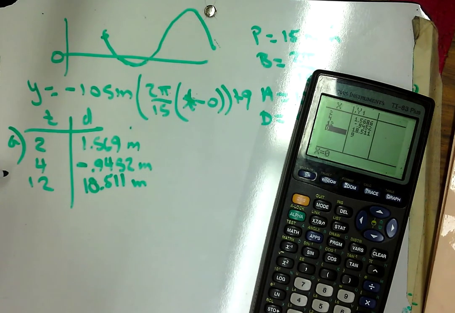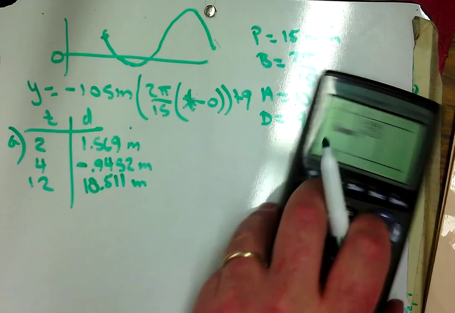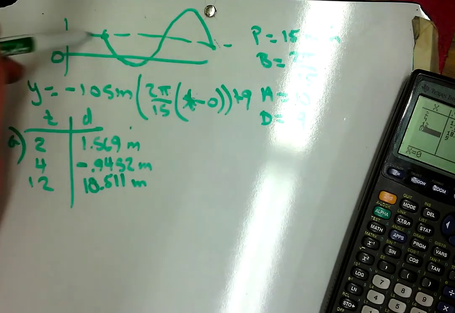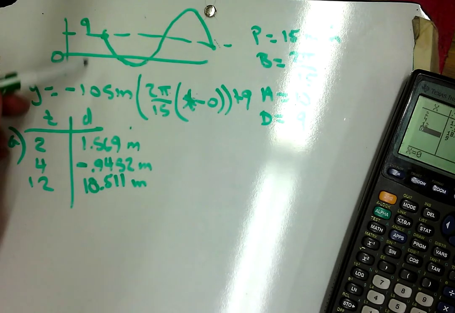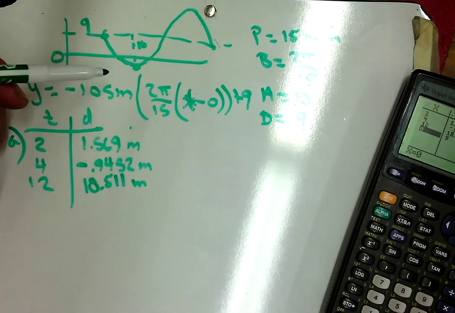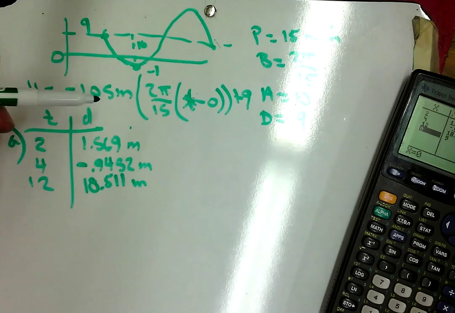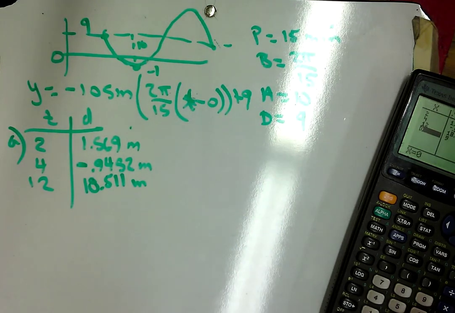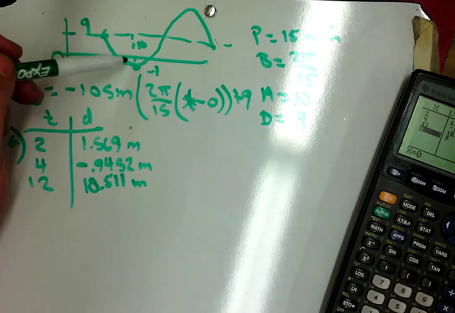Part B. According to your model, the minimum depth of water. Well, we know that the d value is 9, but the amplitude is 10. And so this minimum depth is going to be negative 1. And then it says, how would you interpret this answer in terms of what will happen in the real world? Well, I just mentioned that.